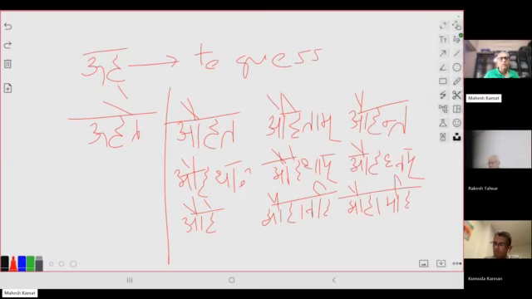You observe this now? The U changing into the O, E changing into the I. So this is peculiar to dhatus which begin with swara.